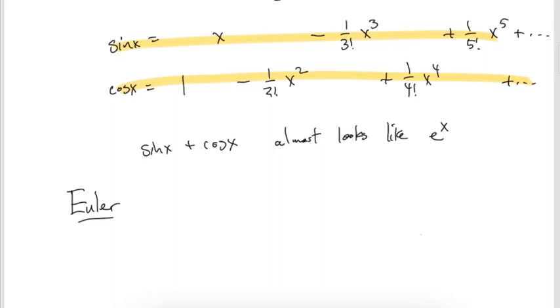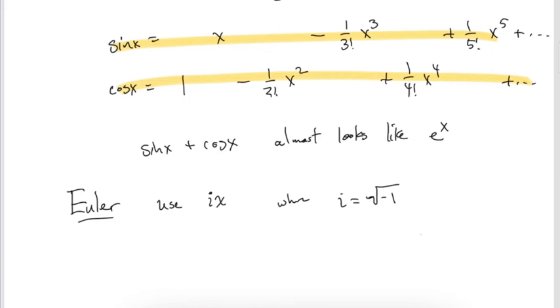If you use, instead of x, use i times x, where i is this imaginary number, the square root of minus 1. Perhaps you've heard of imaginary numbers. They're a real thing. They're not fake.